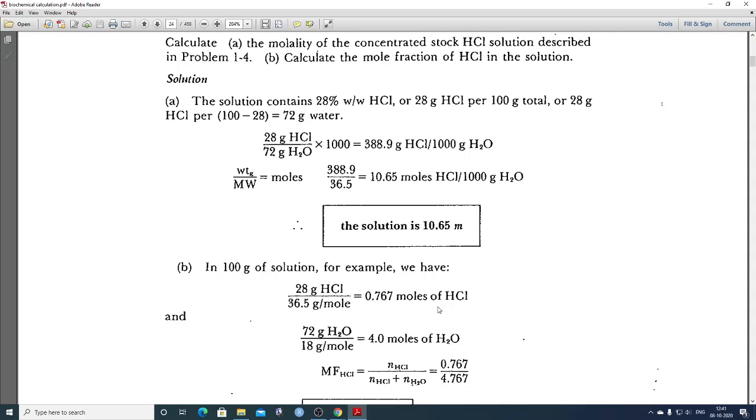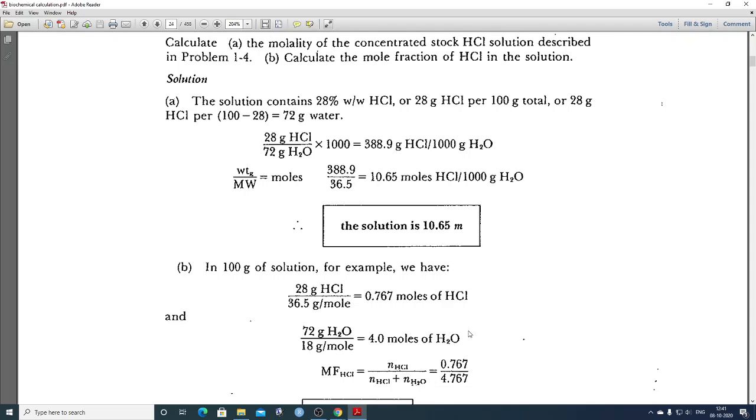Now for 100 gram, we have 72 grams of water. 72 gram of water divided by the molecular weight of water, 18 gram per mole, is equal to 4 moles of water. So 100 gram of solution contains 0.767 moles of HCl and 4 moles of water.